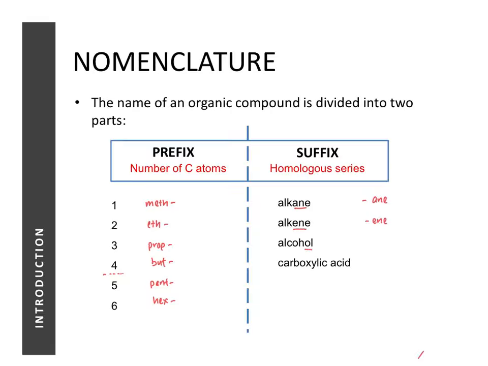If the compound is an alcohol, it will end with anol. If the compound is a carboxylic acid, it will end with anoic acid. Take some time to try your best to remember the names for the prefixes and the suffixes now. In a while, we're going to practice with some examples.